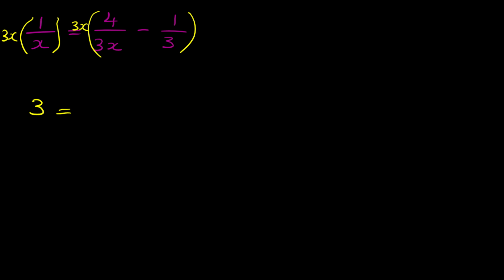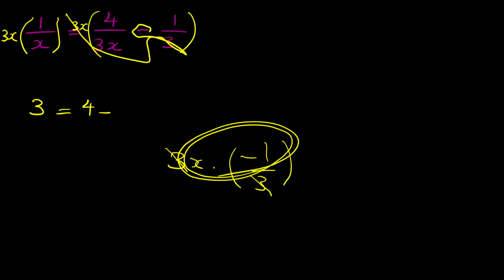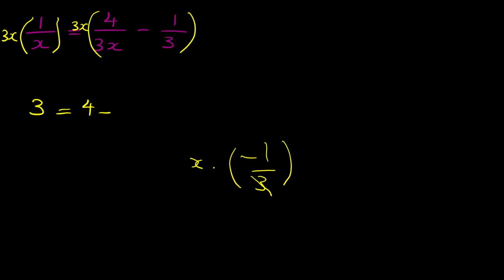And then we only have 4 minus 3x times negative 1/3. 3 with 3 cancels, and then we have negative x. So we have this equation.